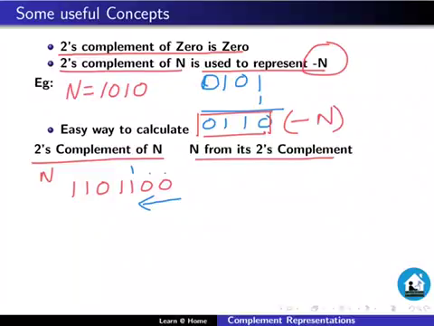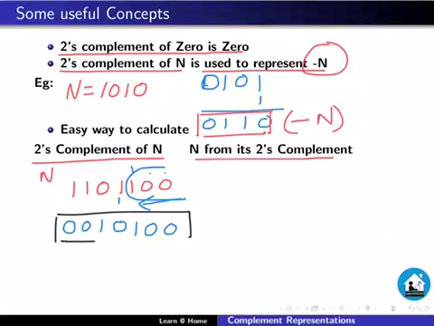Stop there, and just copy that down, 1 0 0, and now invert the bits after that. That is, here, this becomes 0 1 0 0. This is the 2's complement of the number.